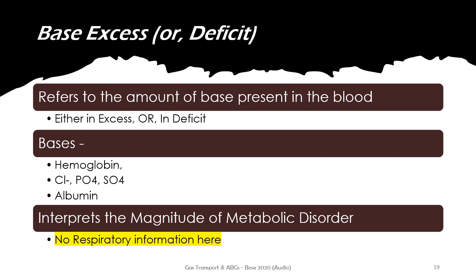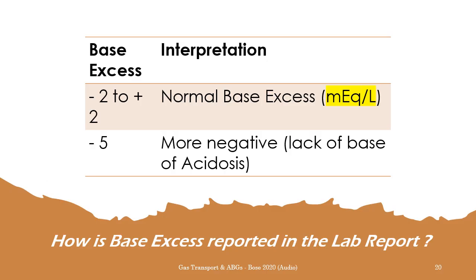It does not reflect respiratory conditions. The normal range of base excess is -2 to +2. Greater the negative number, the greater is the lack of base, which means patient is more acidic from metabolic causes.